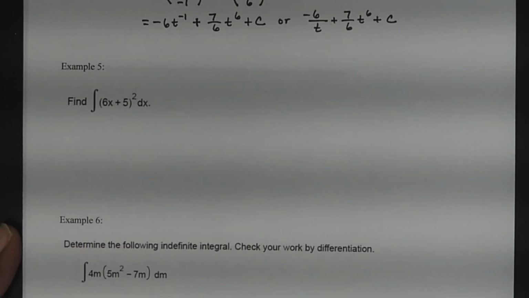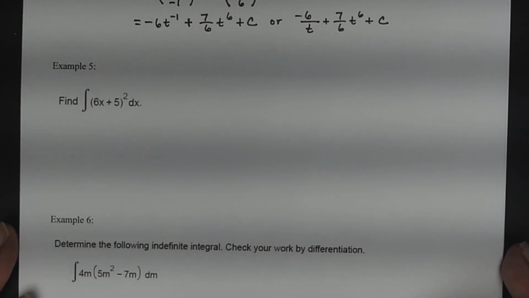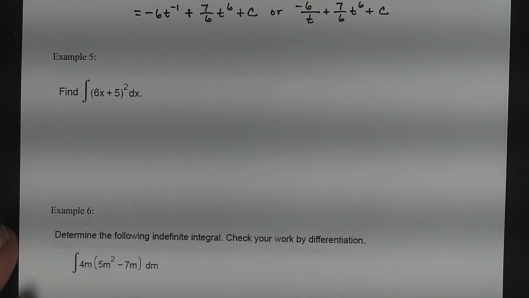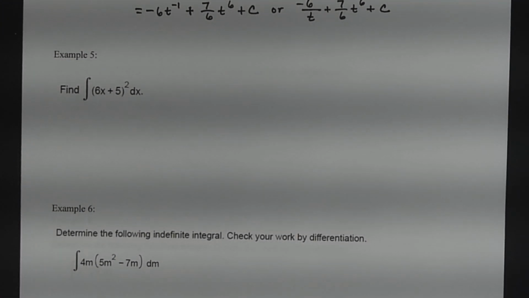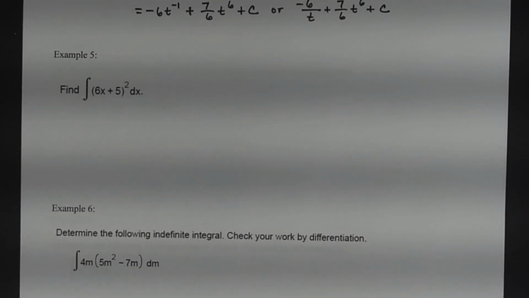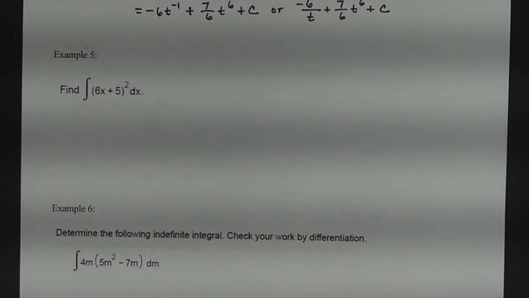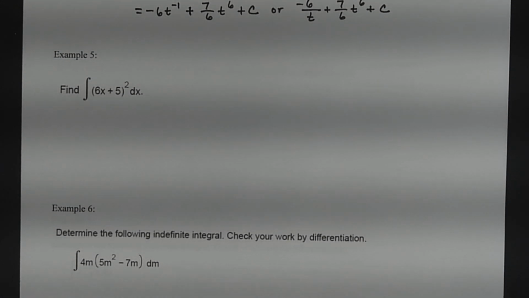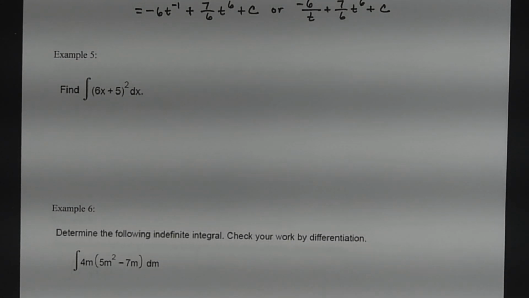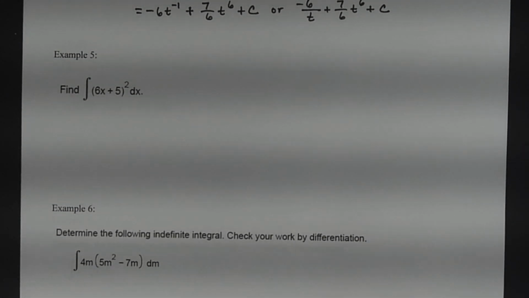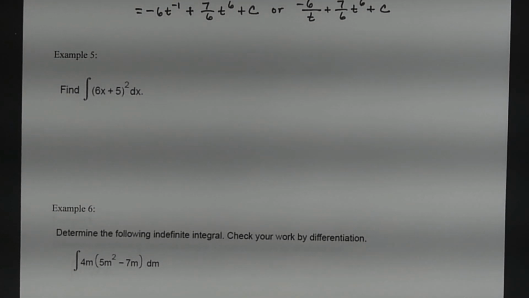Okay, example 5. Let's say I want to find the integral of 6x plus 5 quantity squared, dx. Okay. In this case, we only know the power rule for integration. So what that means here is this.